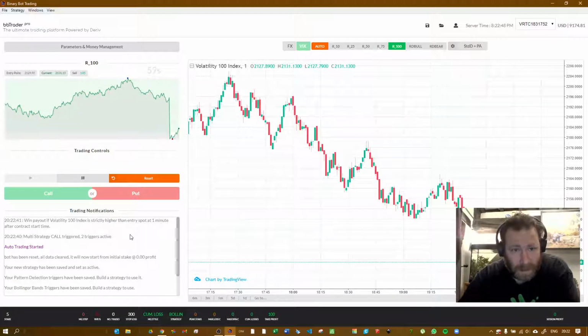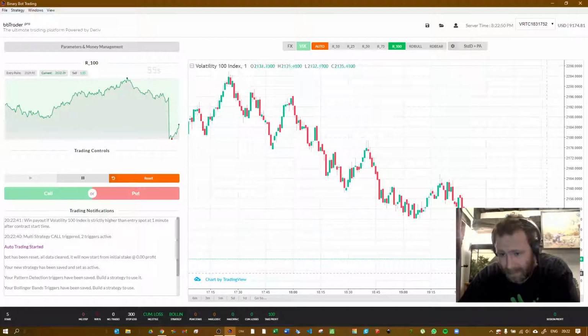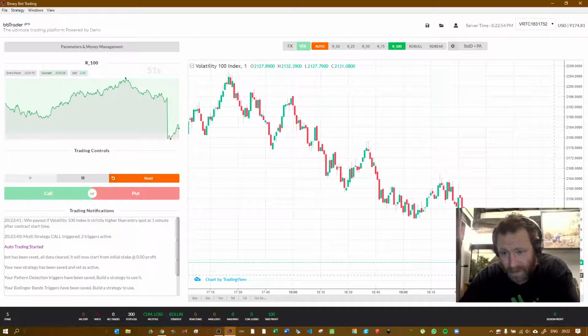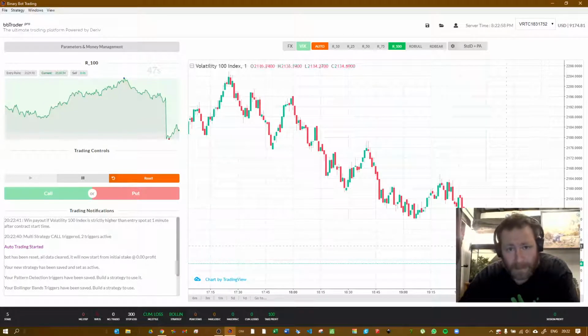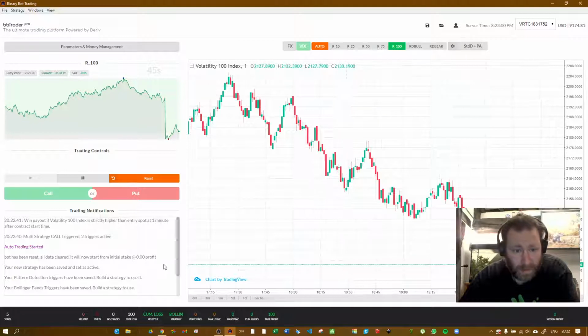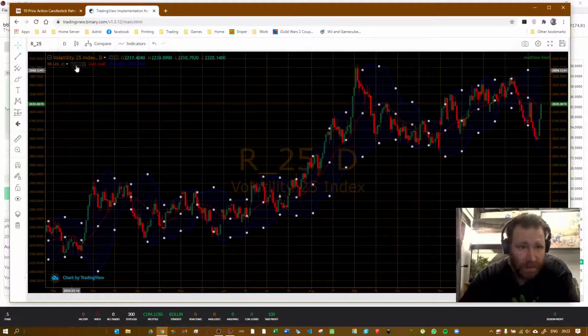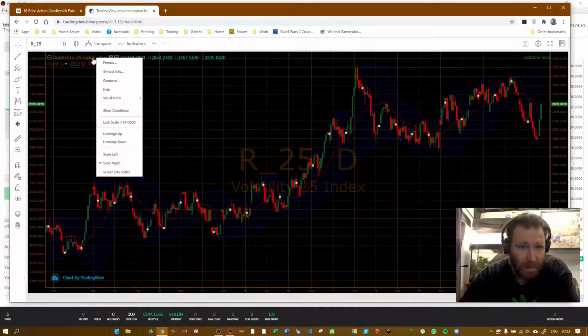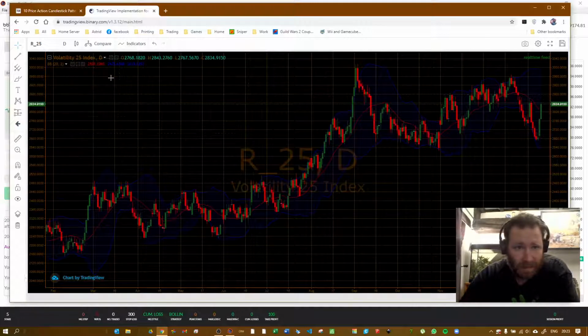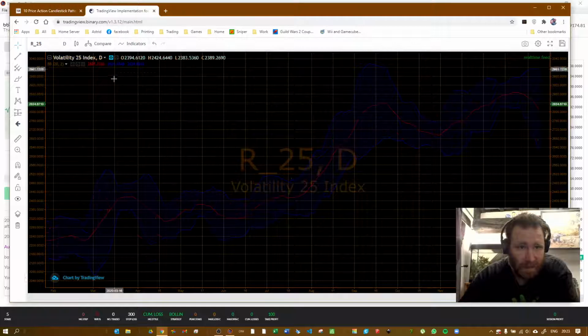And immediately it looks like it's picked up that this pattern here is quite a clear reversal going on. It's outside the Bollinger Band range. We are on R100. So let's just switch over to R100 to use this.